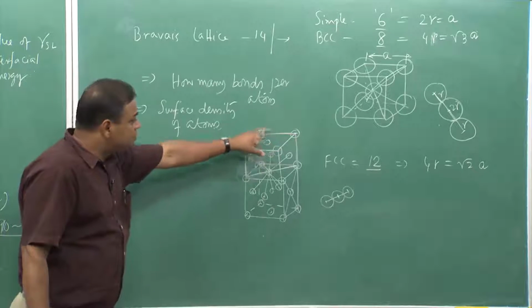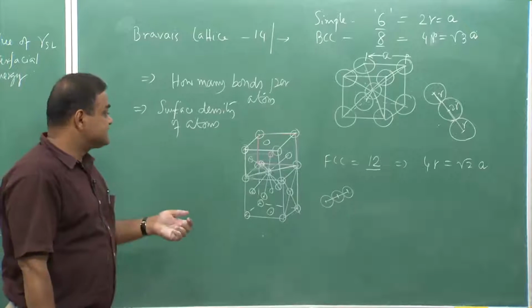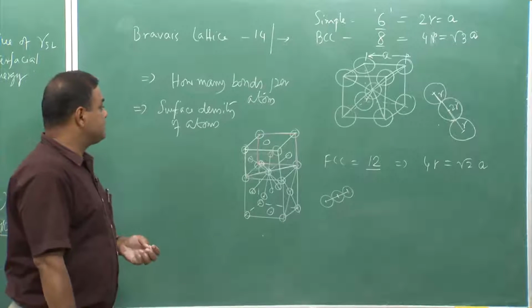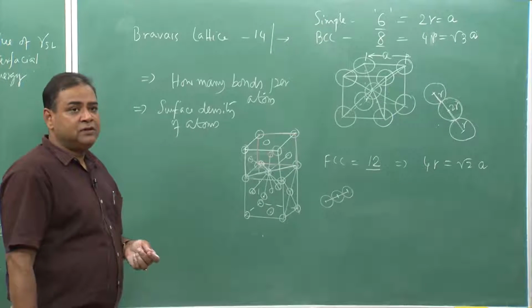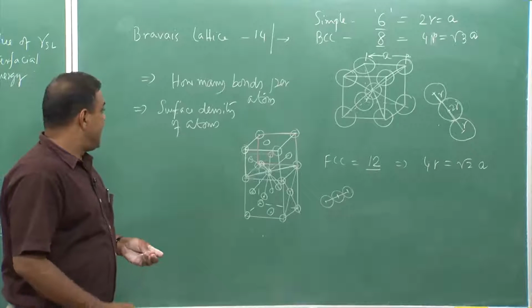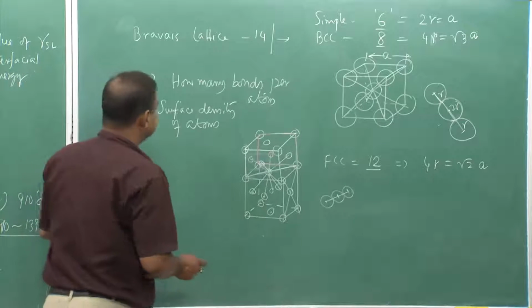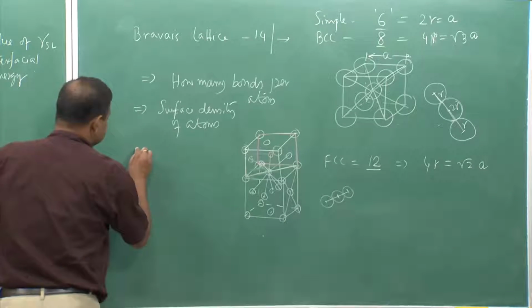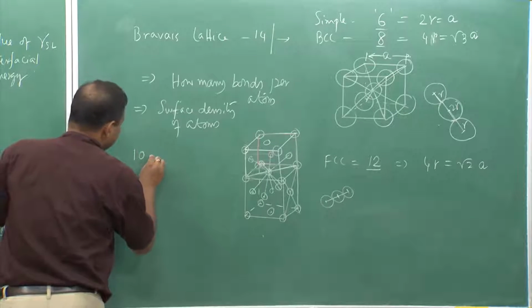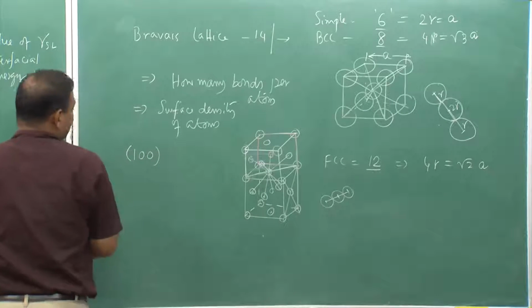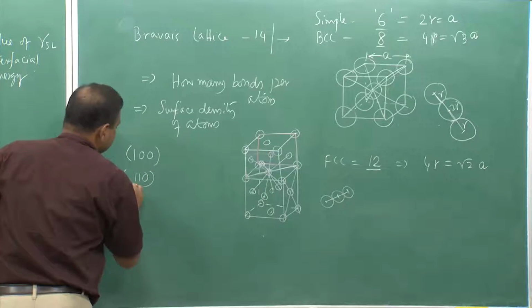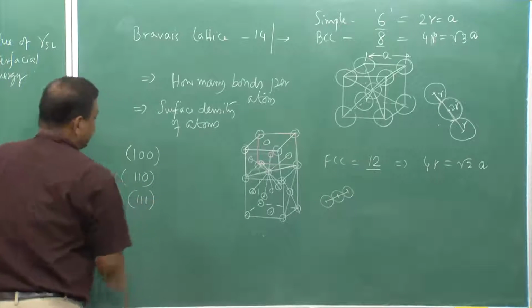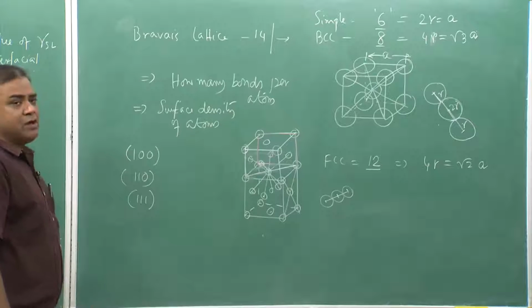Whenever we talk about the surface of this cube, we talk about the surface in the form of planes. And in case of cubes, the planes are dictated in the form of Miller indices. For example, we can have 100 plane, 110 plane, 111 plane, and there would be families of planes.